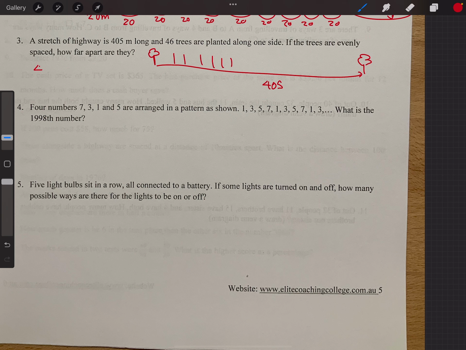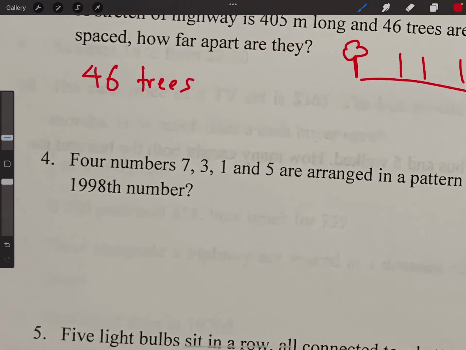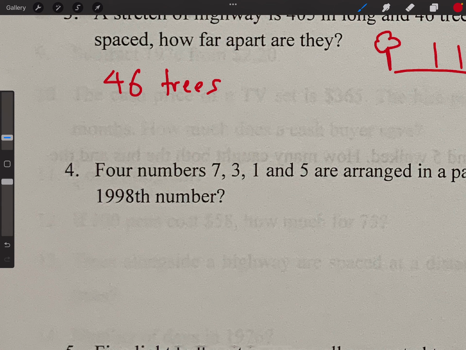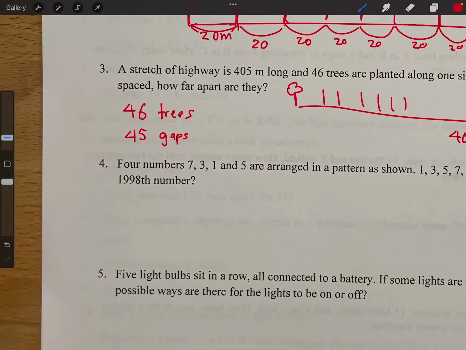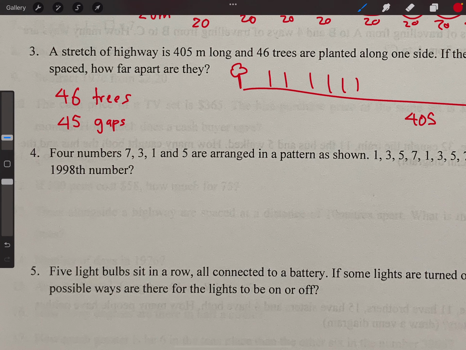If you have 46 trees, how many gaps are there? Remember that if there are 46 trees, there must be 45 gaps, because the number of gaps is always 1 less than the number of trees or poles or whatever they're using. In this case, it's trees.